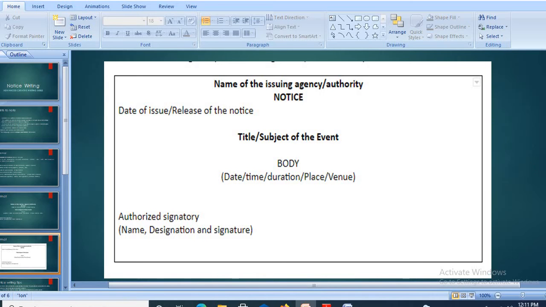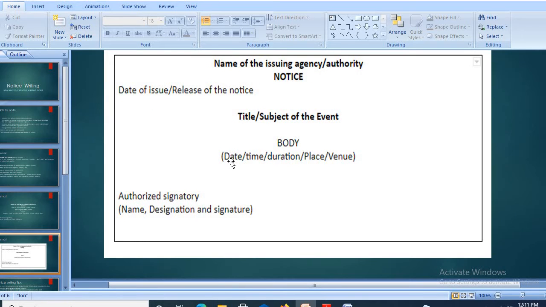So at the beginning, the name of the issuing agency or authority has to be mentioned. The word notice has to be mentioned. Date of issue or release of the notice has to be mentioned properly. Title or subject of the event has to be mentioned. Then the body, as I told you, these things are to be included: date, time, duration, place or venue, mentioned clearly.